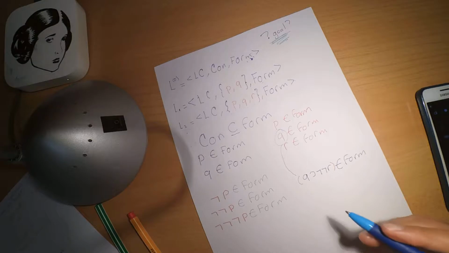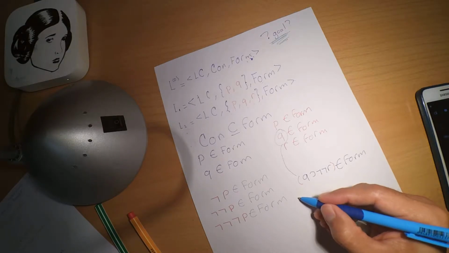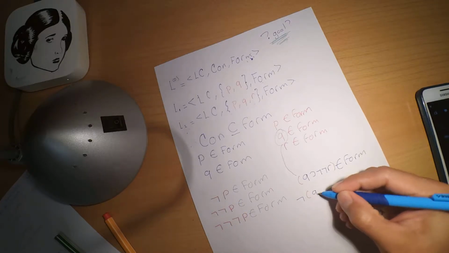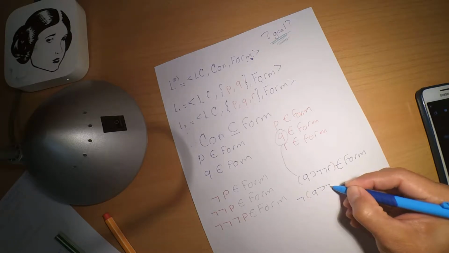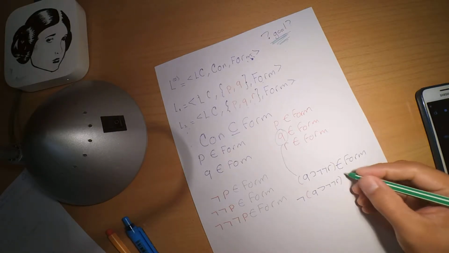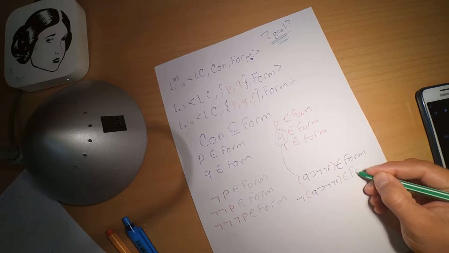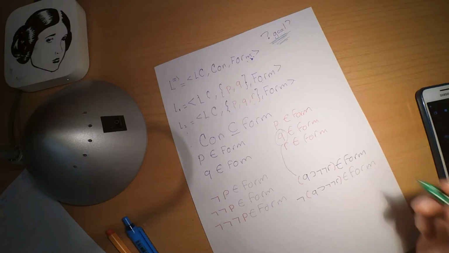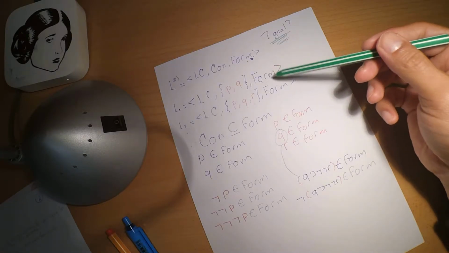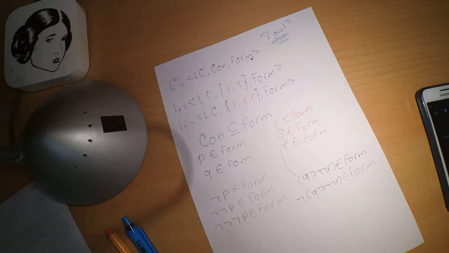And what if we start to negate this? If we put negation, open the parenthesis, Q implication negation R. Is this a formula? Yes, it is. This belongs to the form, which is part of the language. Once again, there's no difference, there are just more elements in L2.